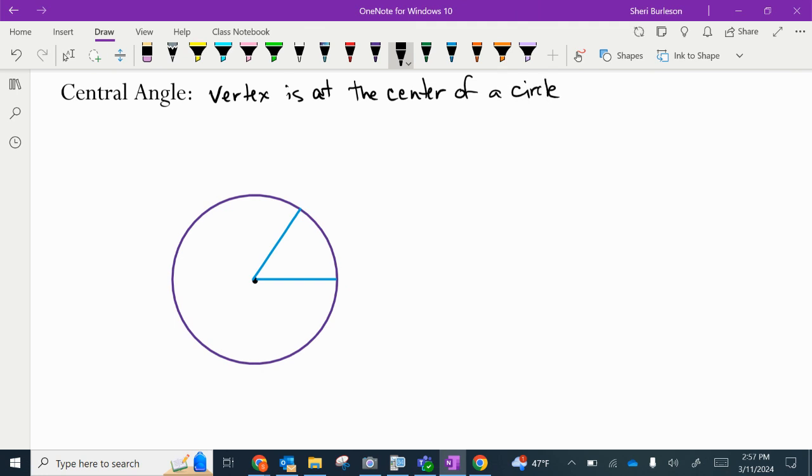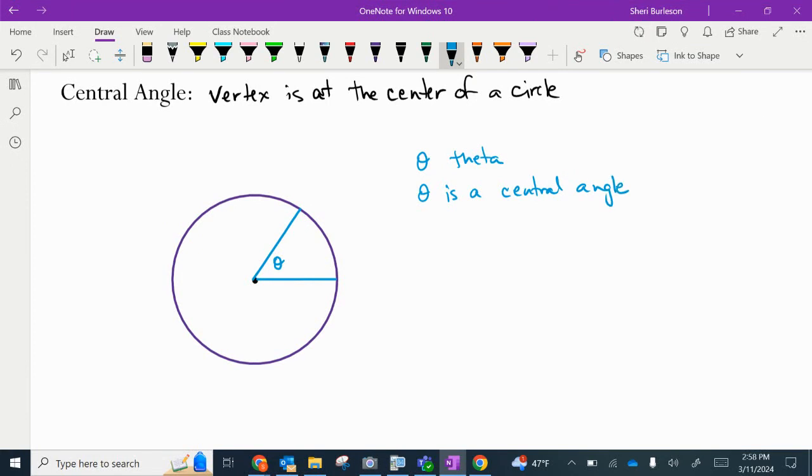So this is theta. Okay, it is a Greek letter. Most of the time, we're going to be naming our angles theta. It is the most commonly used Greek letter for angles. And in this case, theta is a central angle.